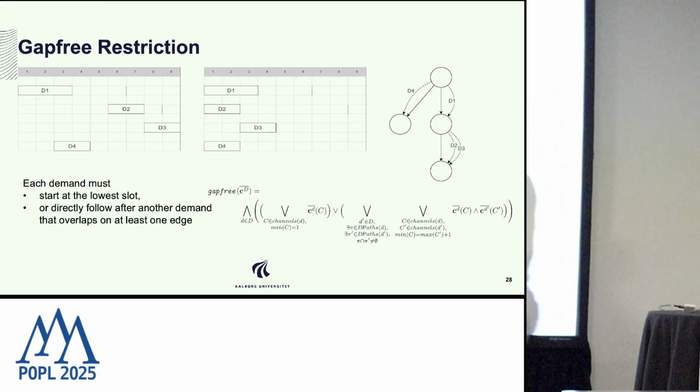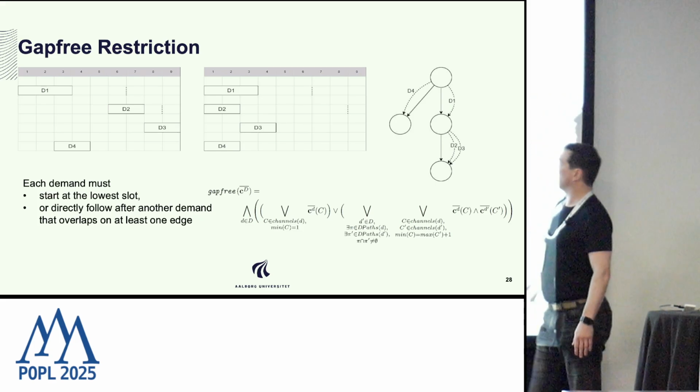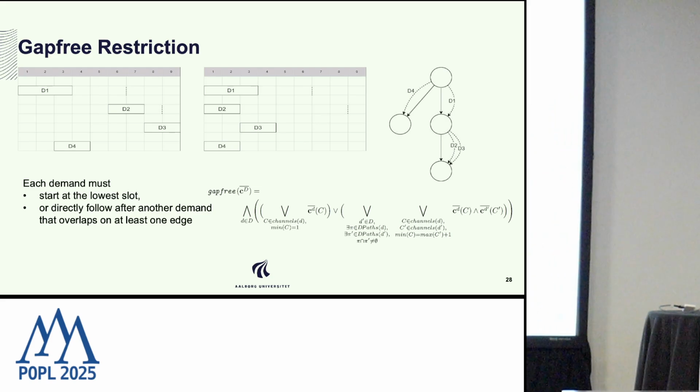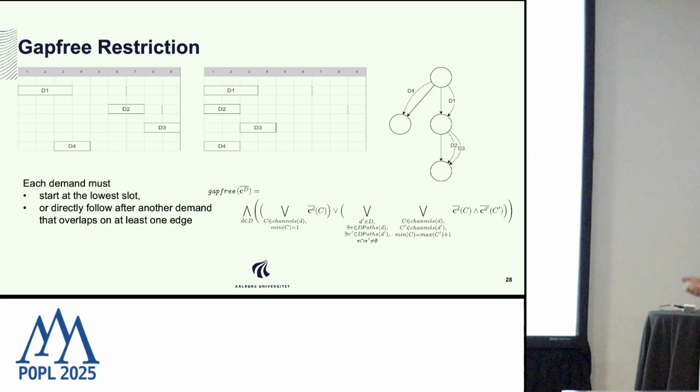So for example, this is not a gap-free solution, but this is. The only demands that actually overlap are D2 and D3, but all the others have to start on slot 1, and then I have to order these in one way or another. So again, that's a safe restriction. It preserves all the optimal solutions and allows us to speed it up. There is a way to encode it into the BDD.